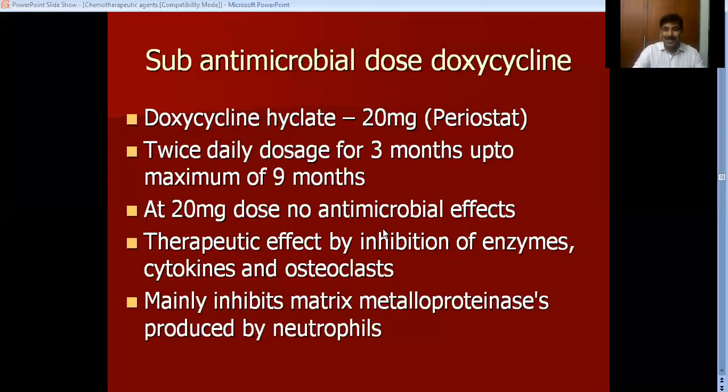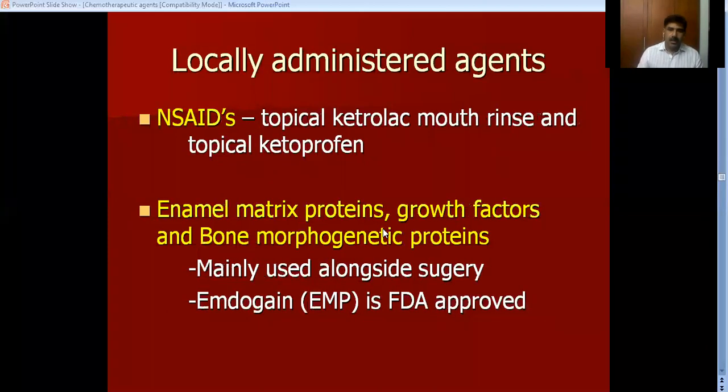So the collagen destruction, as I told you before, collagen is the main content that is present in periodontal tissues, the periodontal ligament, the gingiva. So that destruction you are going to control by means of giving this Periostat 20 milligram dose. Then locally administered agents: as I told you before, NSAIDs can be given topically, or you can give growth factors, PMPs, Emdogain.